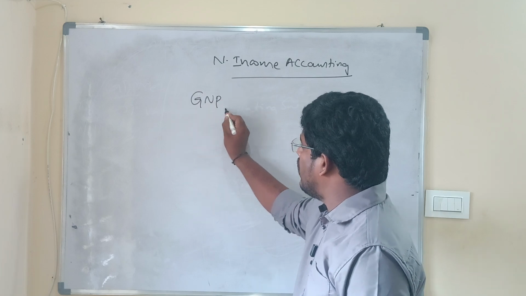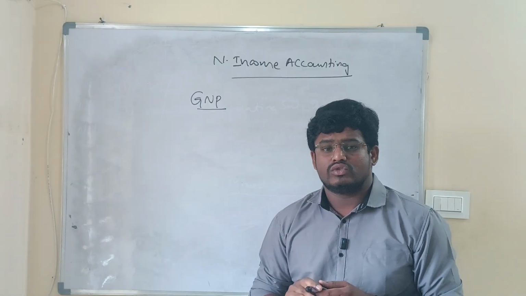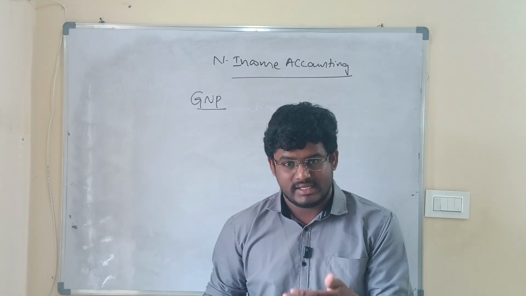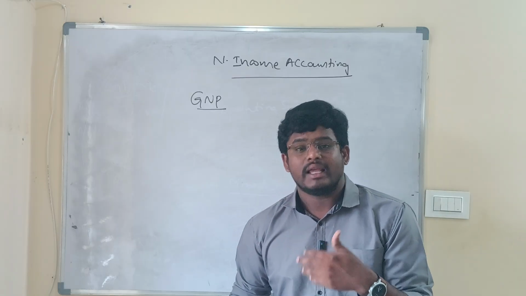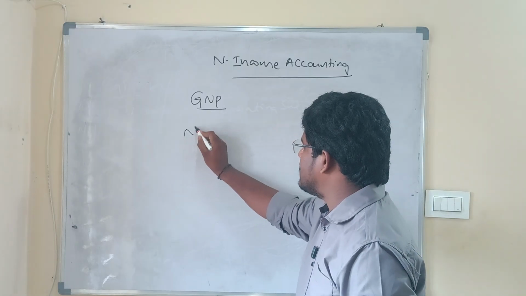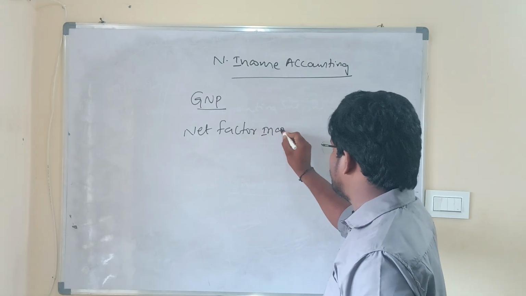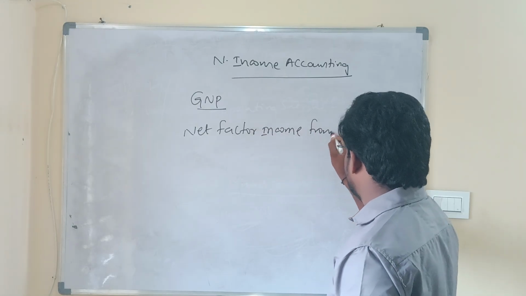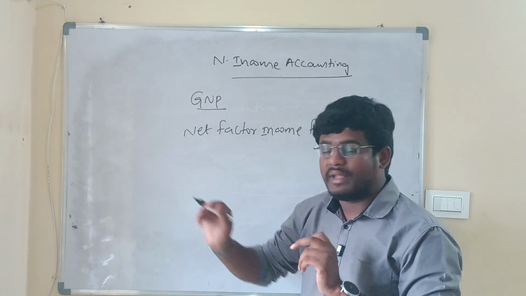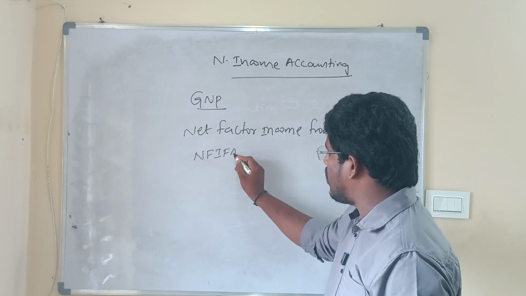To calculate the GNP of India through the income method, along with the three categories we have discussed, like compensation of employees, operating surplus, and mixed income of self-employed, there is one term we have to understand, which is referred to as net factor income from abroad. Once we know this term, it becomes easy for us to calculate GNP also. Now, what is this net factor income from abroad?